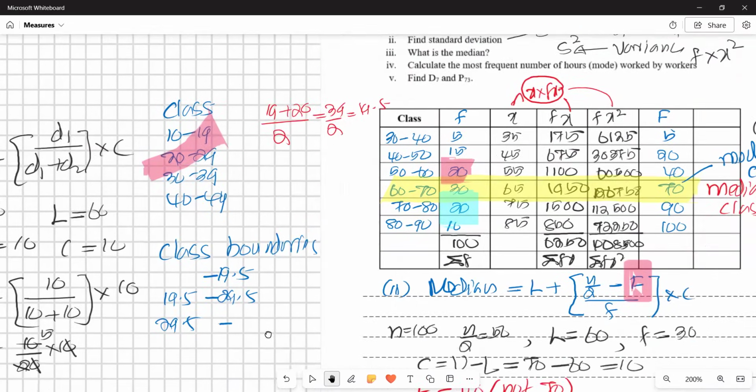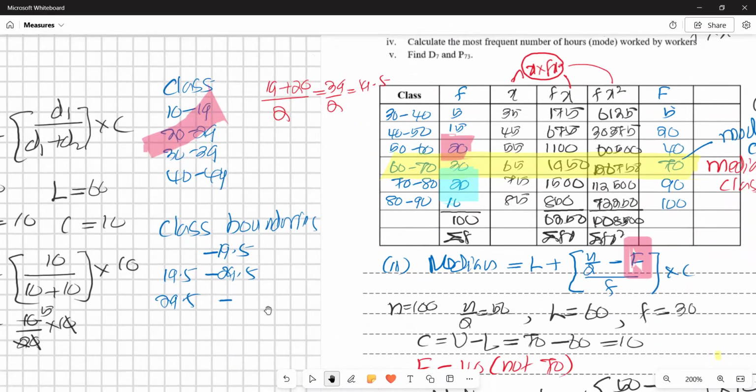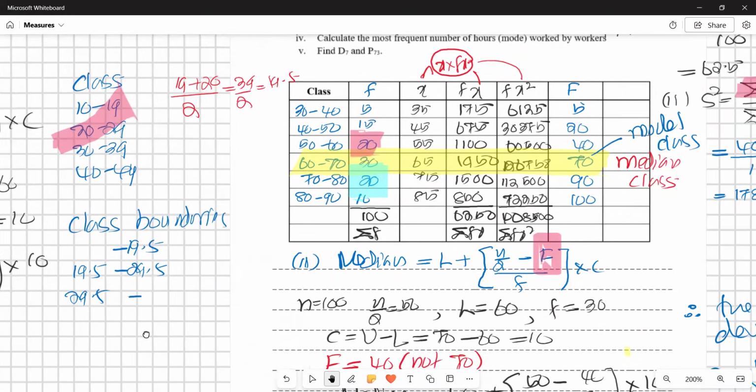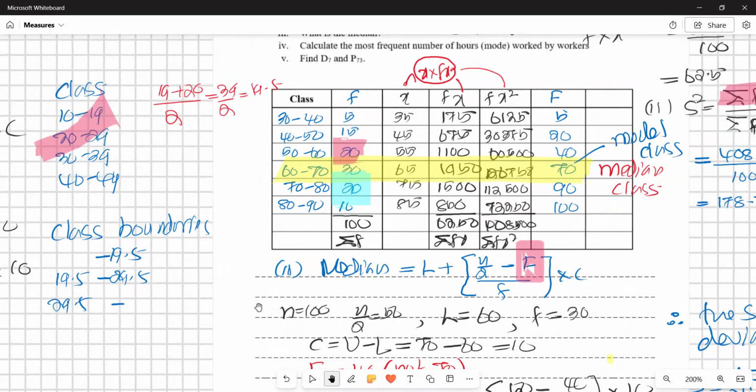Last part, find D7 and P73. Right, I need to save my time, so I need to get the table again.